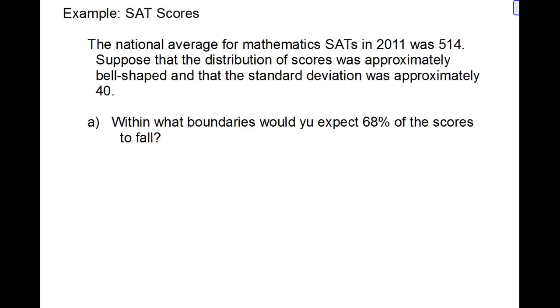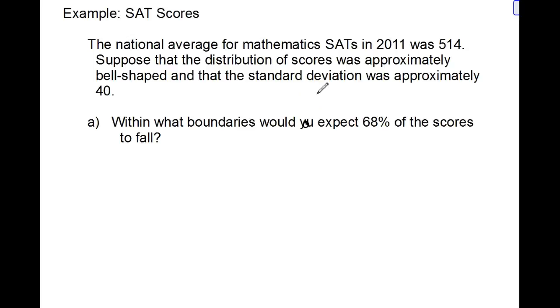We want to know within what boundaries would you expect 68% of the scores to fall? Well, since this is bell-shaped, I know that I can use the empirical rule. And we're looking at 68%. 68% is within one standard deviation of our data.